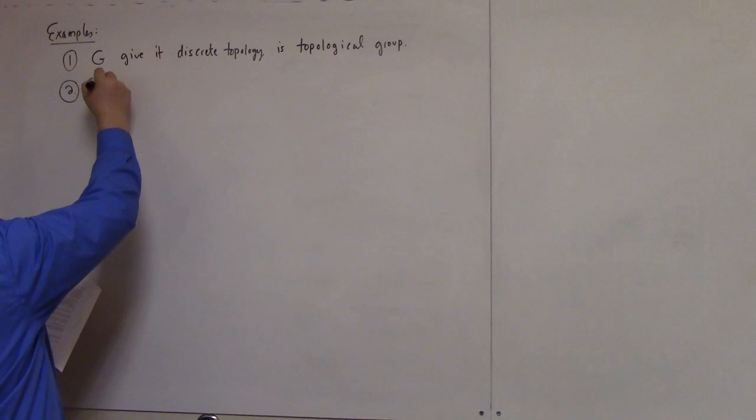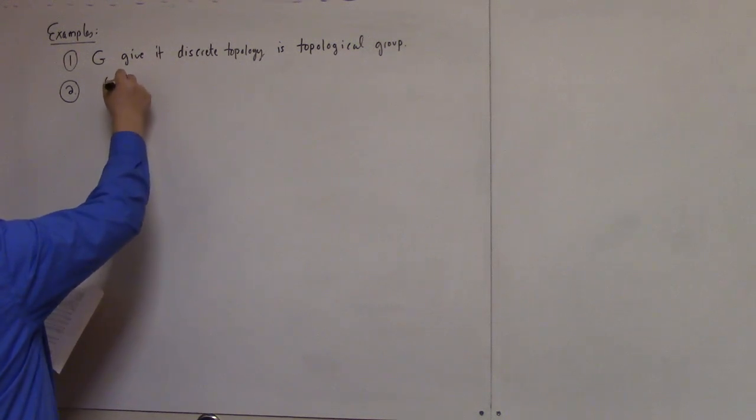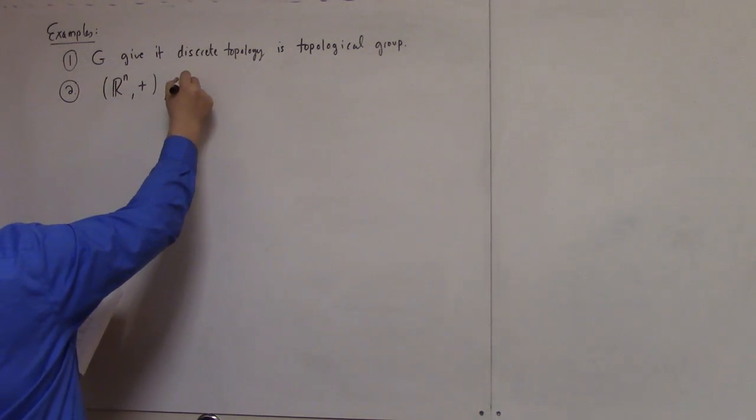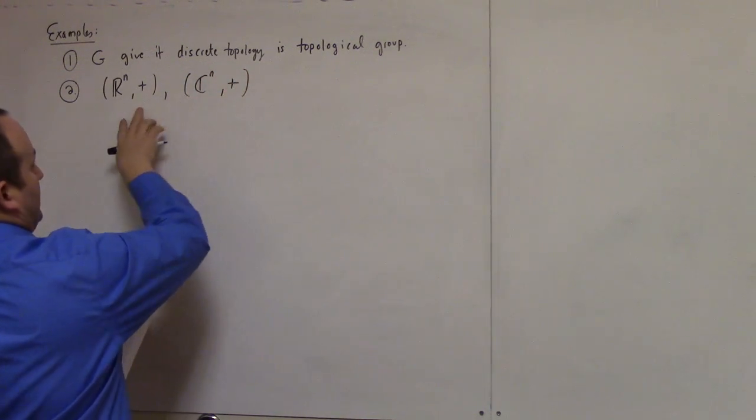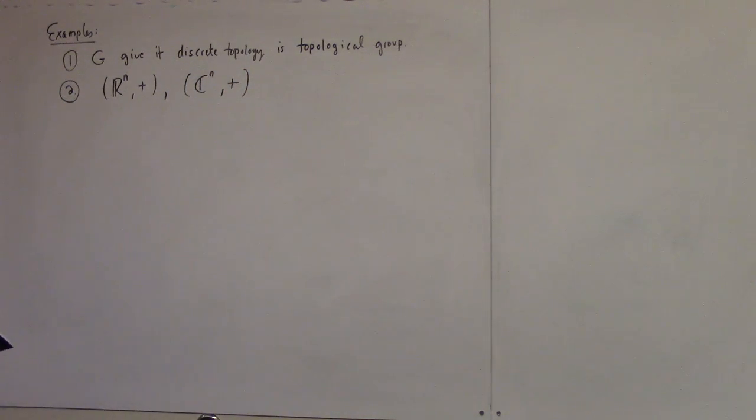Additive groups. If you take Rn paired with addition, or if you take Cn paired with addition, so additive groups under addition, right? These are topological groups in the Euclidean topology.